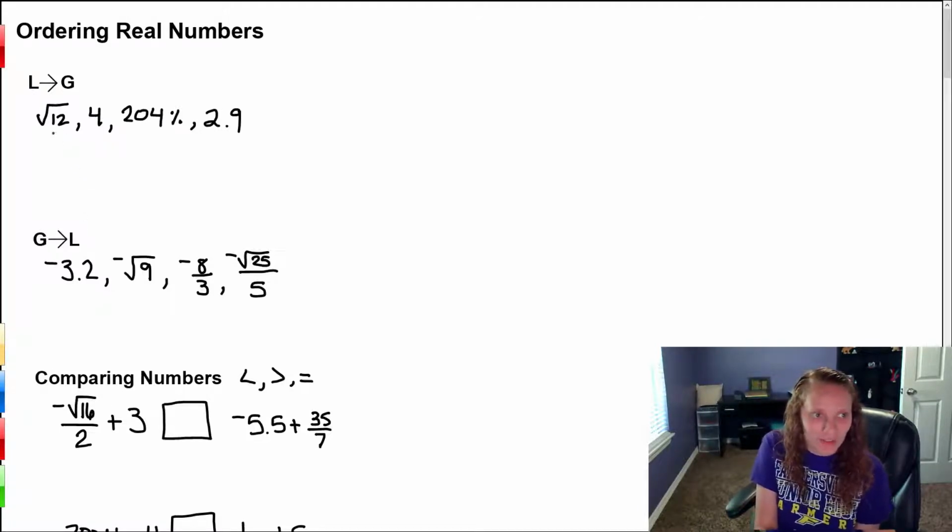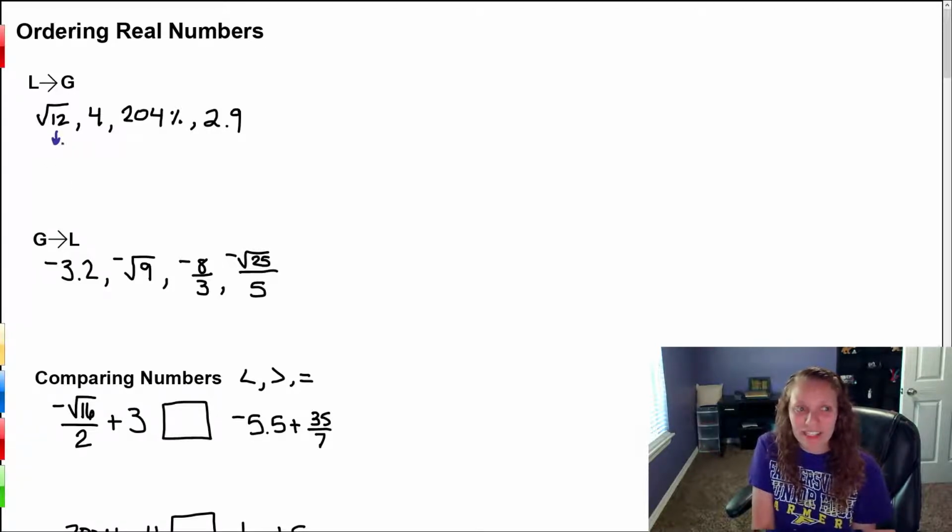Let's try one. The square root of 12, we need to change that into a decimal or a whole number of some sort. If we try to take the square root of 12, there's no integer times itself that would give us 12. 1 times 1 is 1, 2 times 2 is 4, 3 times 3 is 9, 4 times 4 is 16.